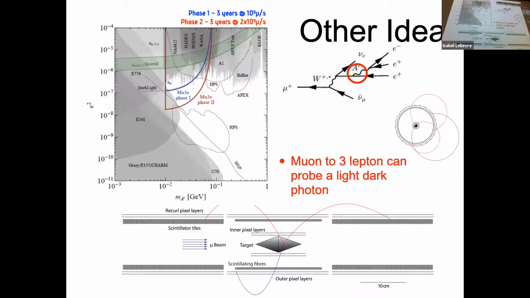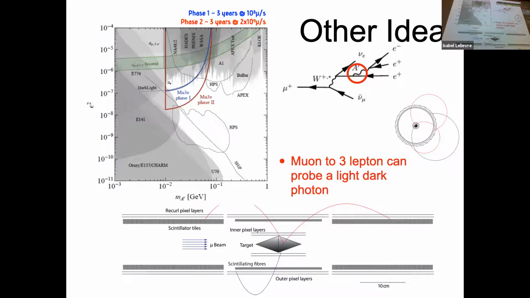So here's another experiment. This one uses a low energy muon beam. The idea is to look for this process where a muon radiates a W that then decays to an electron that then radiates a dark photon. It's a crazy process, and you get 2 neutrinos out of it, and you get 3 electrons in the final state.